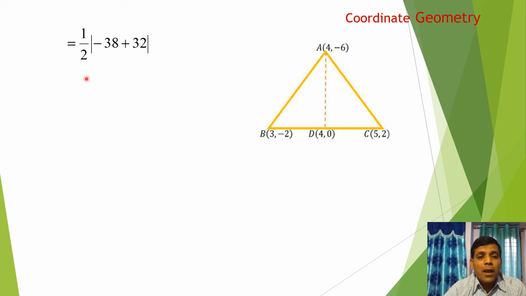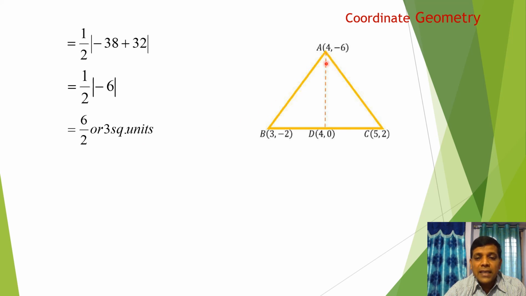Next step, half into minus 38 plus 32. These two have different signs, so subtract: we get minus 6. Half into minus 6. The absolute value of minus 6 means plus 6. This is half into 6, or 6 by 2, which is 3 square units.